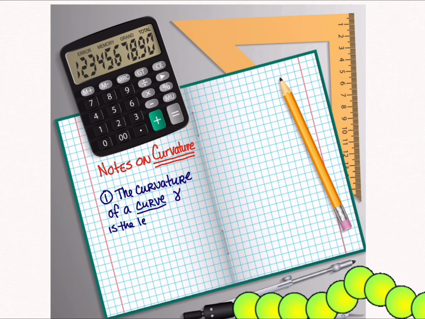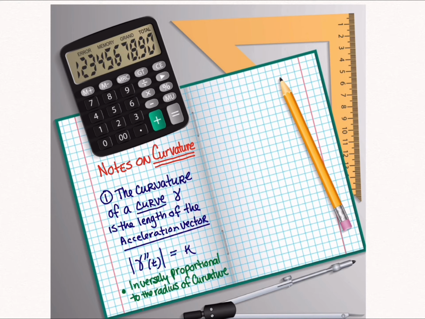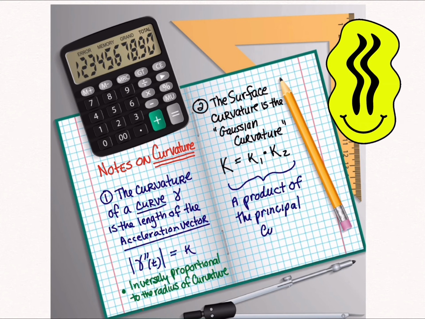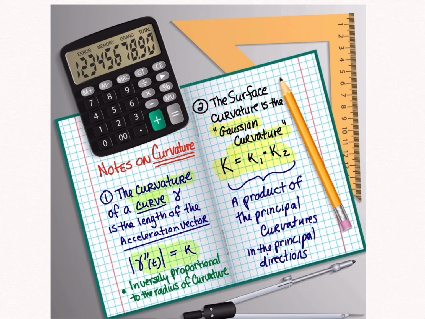The curvature of a curve, gamma, is the length of the acceleration vector, the second derivative of the curve. It's inversely proportional to the radius of the curvature. Surface curvature is the Gaussian curvature. It's the product of something called the two principal curvatures, which are in the principal dimensional directions.